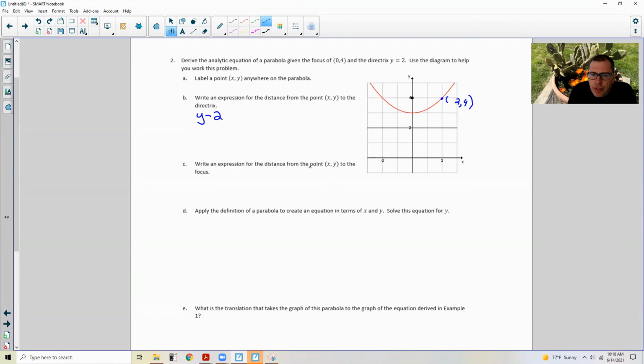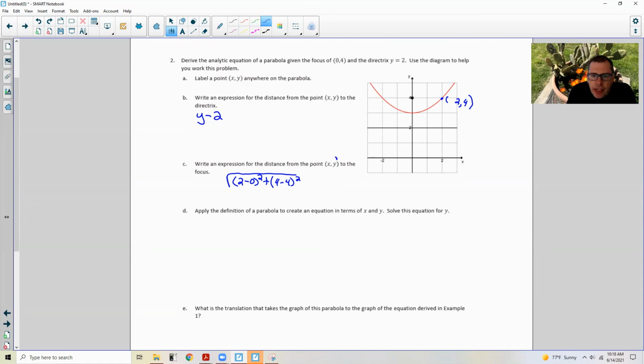So the expression for the distance from the point x comma y to the focus would be the square root of x2 minus x1, so x2 is 2, x1 is 0. So that'd be 2 minus 0 squared plus y2 minus y1, which is 4 minus 4 squared.